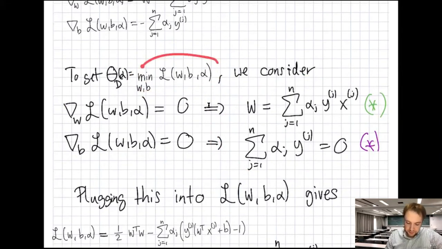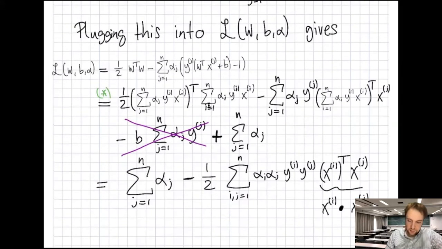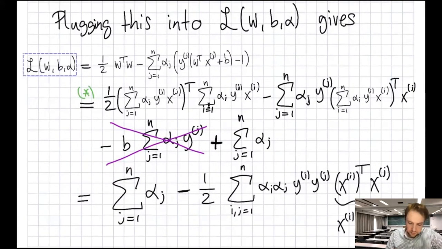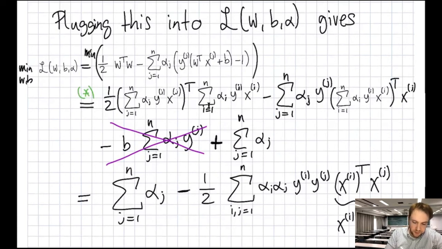So now I should also really write maybe the minimum here, the minimum over w and b, because at this point we use that the derivative equals 0.